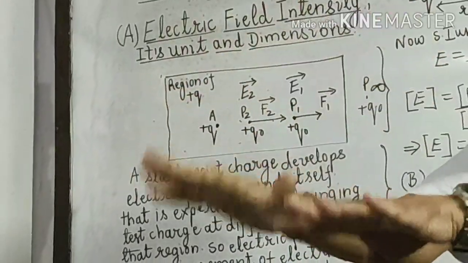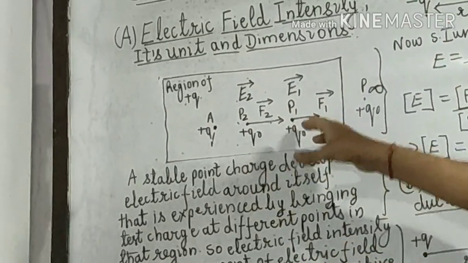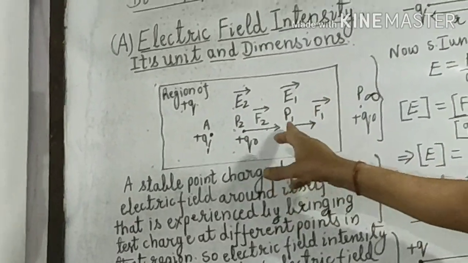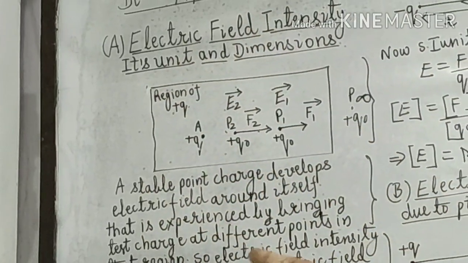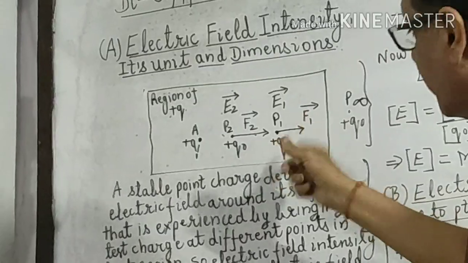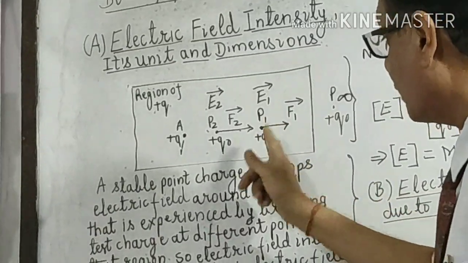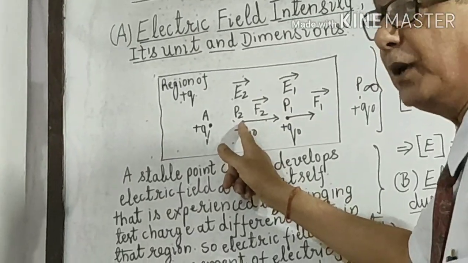If there is any stable charge, then that stable charge will exert a repulsive force F1 on plus Q naught. Immediately I will confirm that there is an electric field, some source charge is present. Then again I will keep this plus Q naught at another point P2.